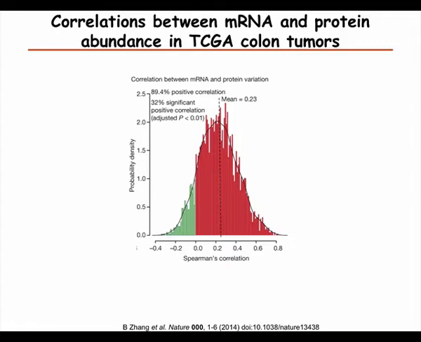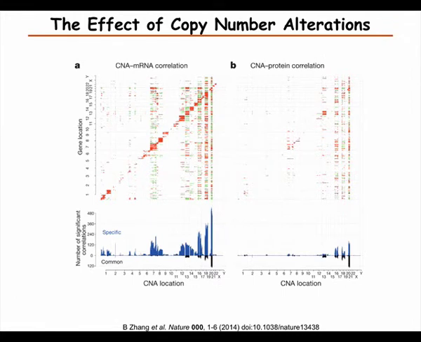But another way to look at this would be to now, in this case, we're looking at copy number variation. So here are the different chromosomes. So on the x-axis is the copy number where it is, and then it's looking at what genes it affects.